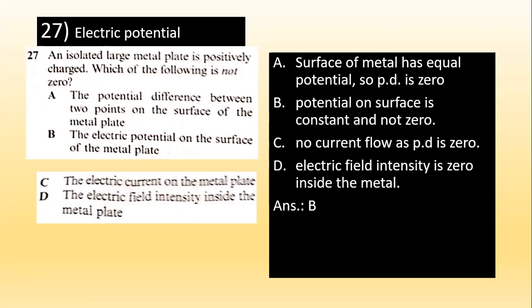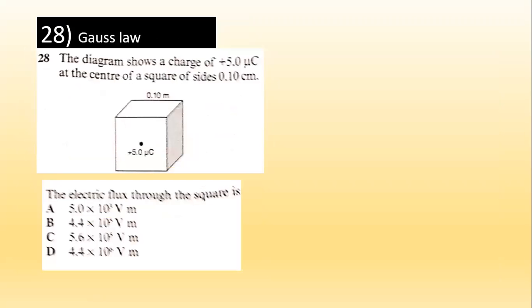Okay, next question. Number 28, the last one. A diagram shows a charge of 5 microcoulomb at the center of a square of side 0.10, that means this is a cube.